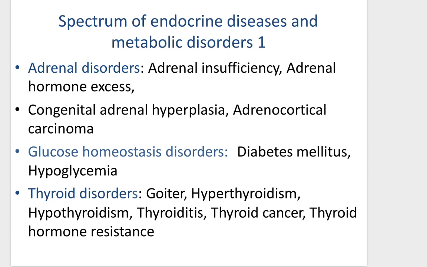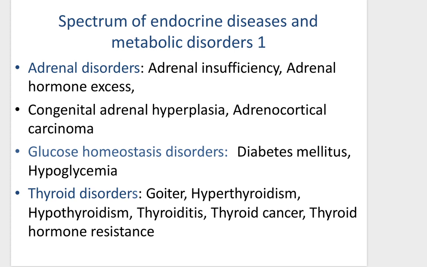Spectrum of endocrine diseases and metabolic disorders. First of all, it can be adrenal disorders. Here, most often we include adrenal insufficiency, adrenal hormone excess, congenital adrenal hyperplasia, adrenocortical carcinoma. Then glucose homeostasis disorders like diabetes mellitus and hypoglycemia.